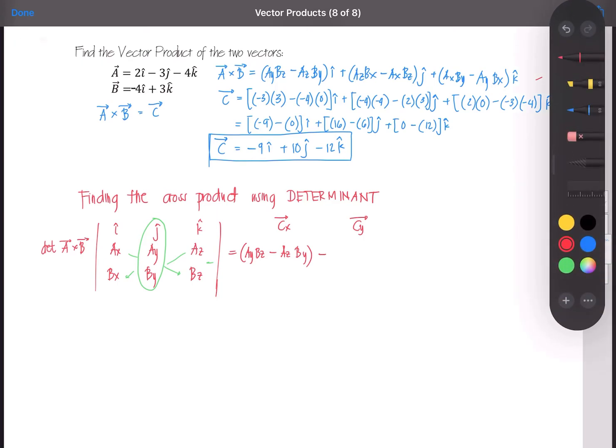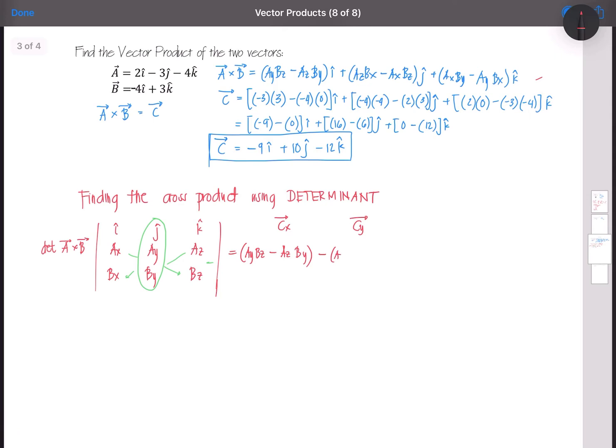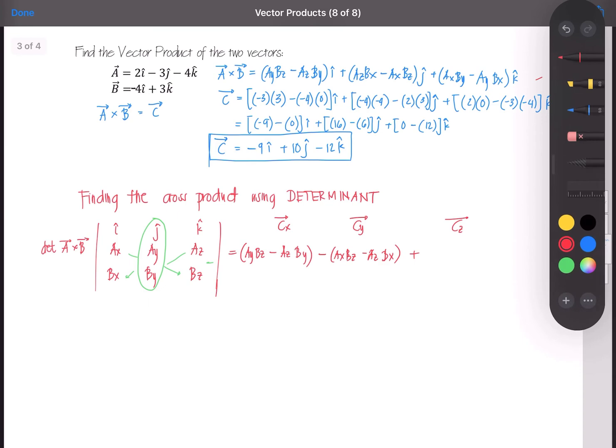Let's just write that first: AX, BZ minus AZ, BX. So AX BZ minus AZ BX. Then next, plus, for the z component.